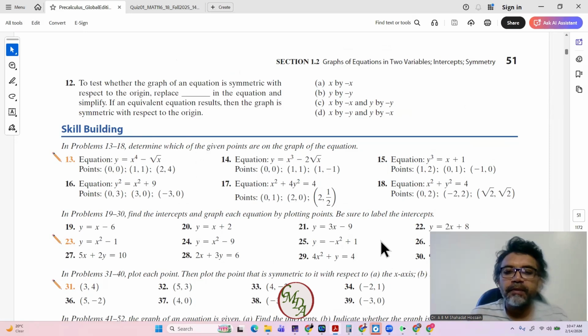We need to determine whether these points are on the graph or not.